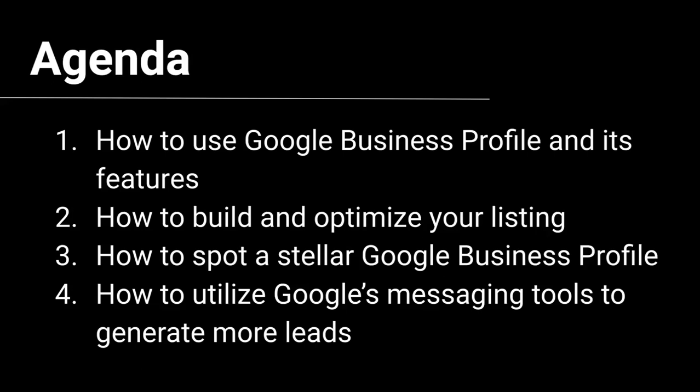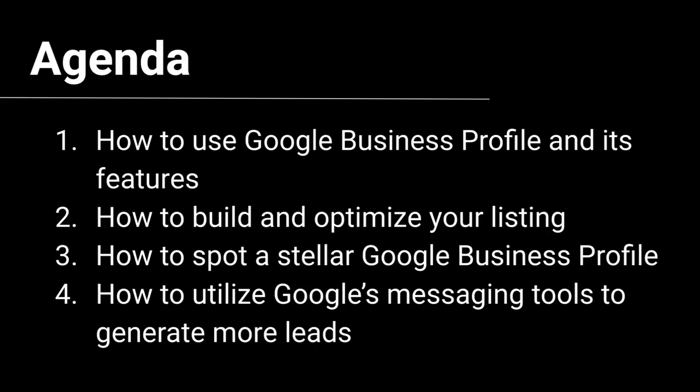So first up, we'll be talking about what Google Business Profile is, how to use it, and the different features that are associated with it. We'll then dive into how you can build and optimize your listing from the ground up. So if you're not even sure if you have a Google Business Profile or don't really know what it is, we're going to help to educate you on all of that and provide some tips and tricks to make sure that you have the best listing possible for your audience.